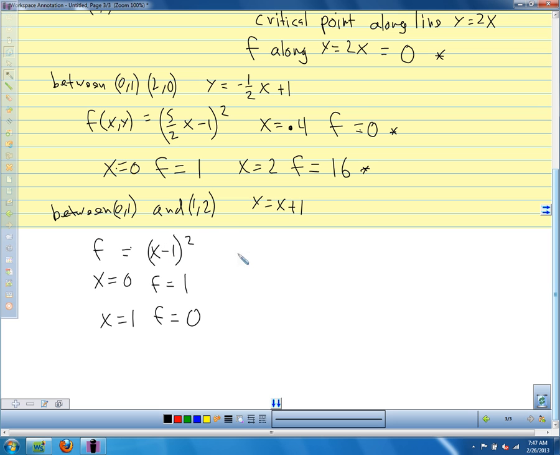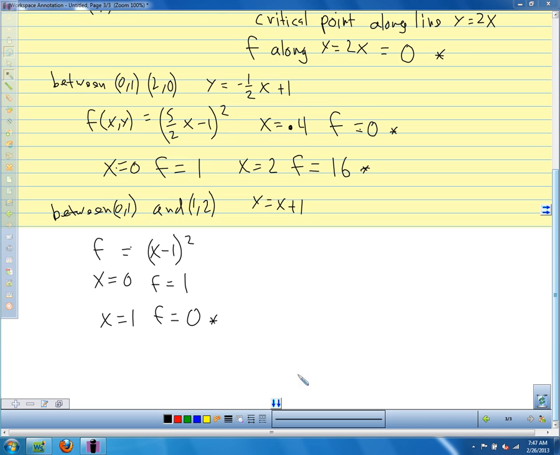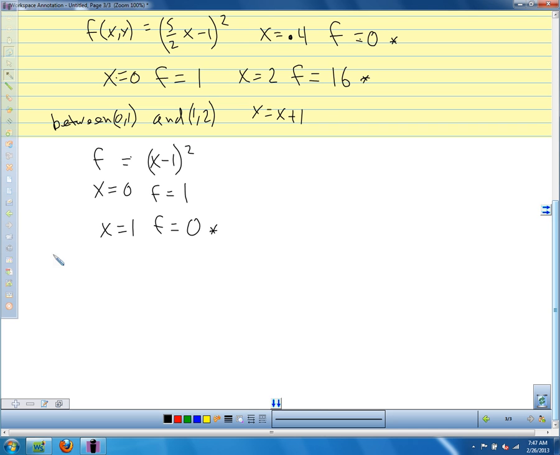So now we have, so far, our maximum here is f equals 16. And we have a minimum of f equals 0. And now we're going to look at our third boundary, between (1, 2) and (2, 0).